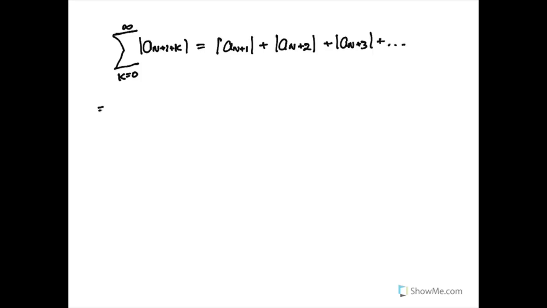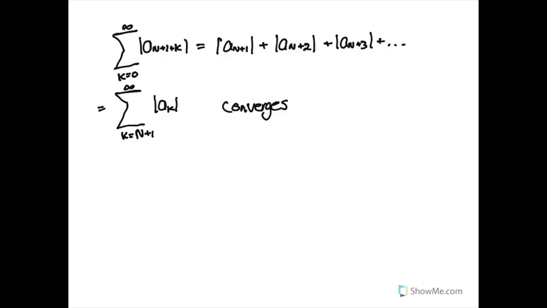So this is actually equal to the series, if I do a change of index, starting at k equals n plus 1 of |a_k| all the way up to infinity. And we just showed that this converges. And this, of course, is a tail of the original series that we wanted to show converges.